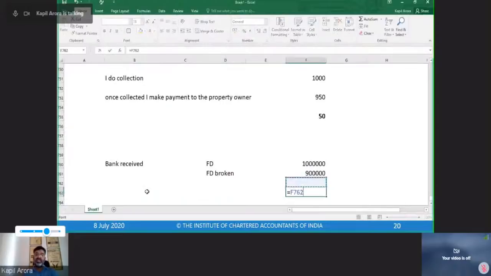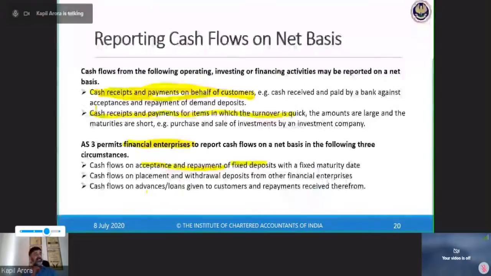So the net amount which the bank has received is 1 lakh. So in this case, since it is for fixed deposit, the bank is allowed to show the net value.